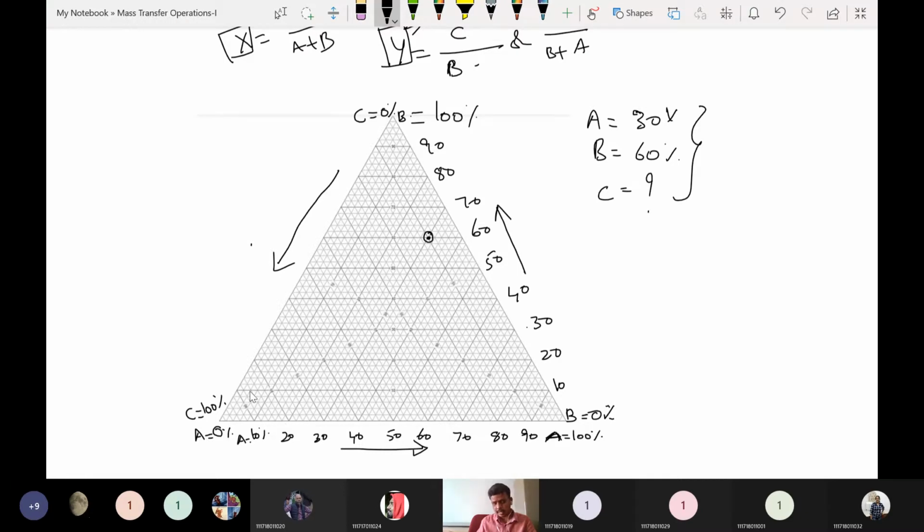And now this cross section we are using for A and this cross section we are using for B, and the only left out is this cross section.